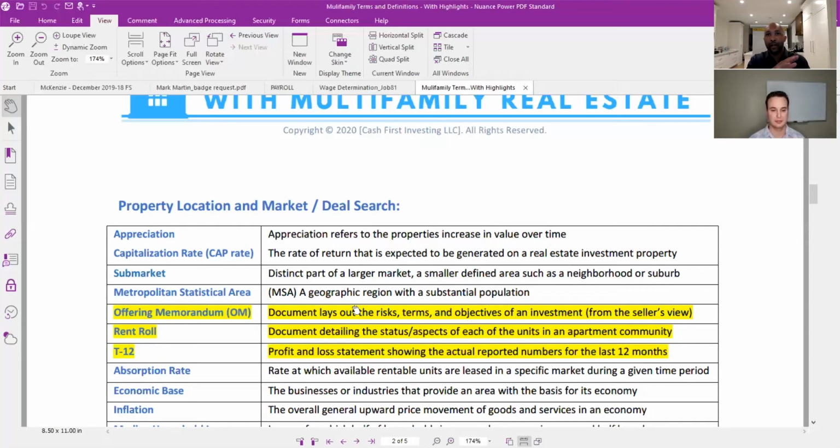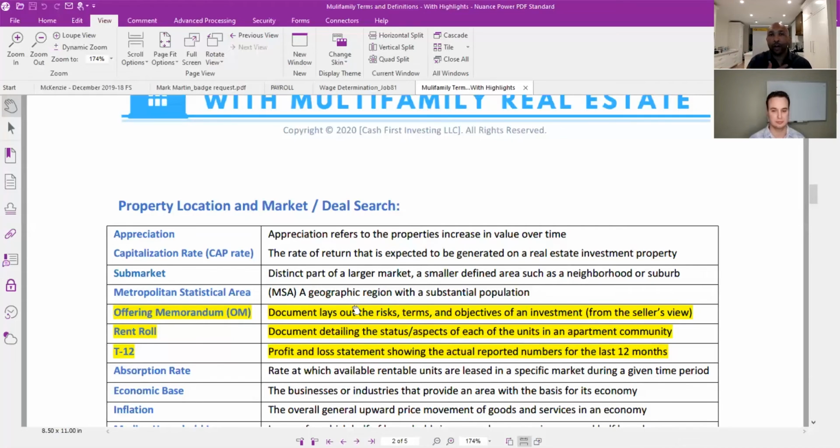So when the market rent and the rent that the person's actually paying are closer to each other, then you know that there's potential for you to increase rents at the property. Now, if there's a big spread between the market rent and what you're actually getting, for example, if you're marketing the property for rent at $1,000 a month and you're only getting $800, that's a pretty big difference between what you're marketing at and what someone's willing to pay.